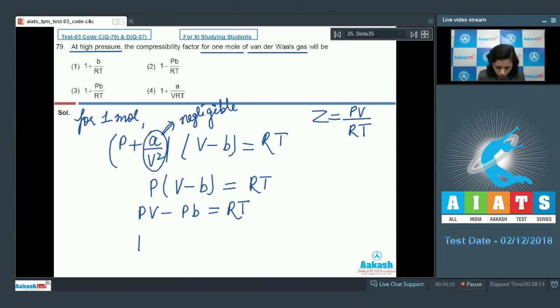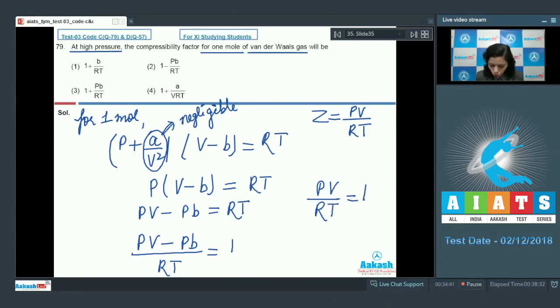And now if you divide both the sides by RT, then this would be the equation. And now it can also be written as PV by RT, that is equal to 1 plus PB by RT.